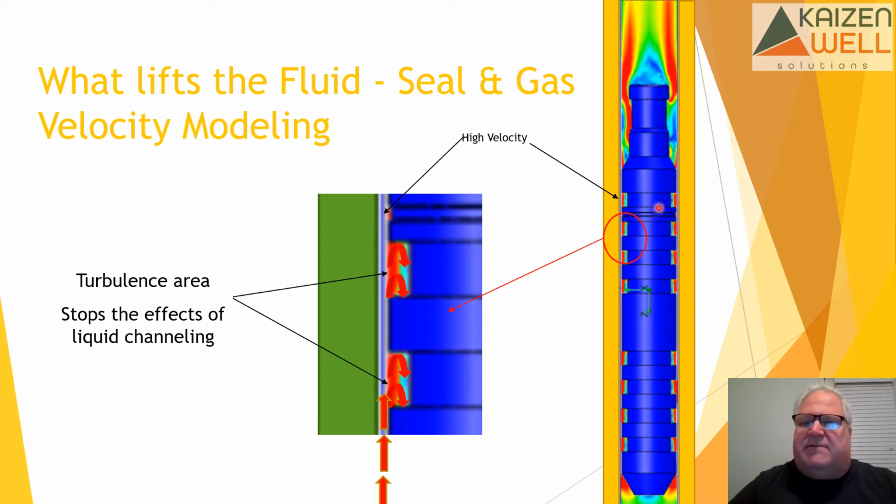But if you didn't have these ribs or these different surfaces, what would happen is you would get what's called channeling. So if this was just one solid piece of metal without any kind of profile on it, you'd probably have gas channel and break up one side and liquid just fall down the other.